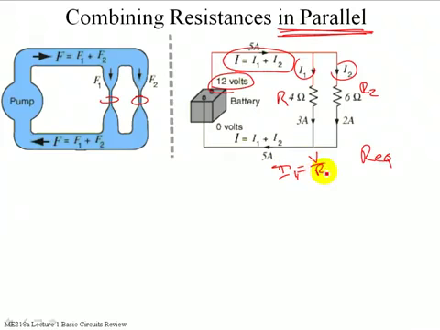I1 equals V over R1, I2 equals V over R2, and then going to use this so that we've got I total is V over R2 plus V over R1.